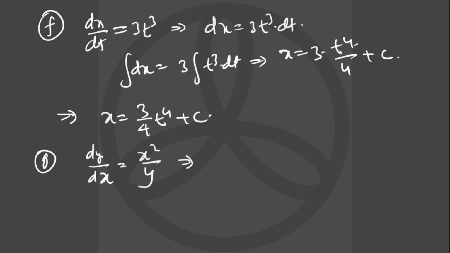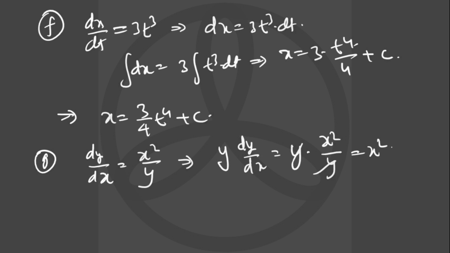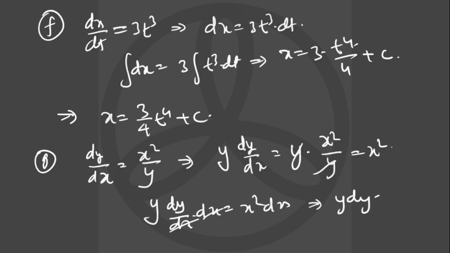If we multiply the entire expression with y, we get y dy/dx is equal to x squared, and then we again multiply the entire expression with dx, and we get y dy is equal to x squared dx.